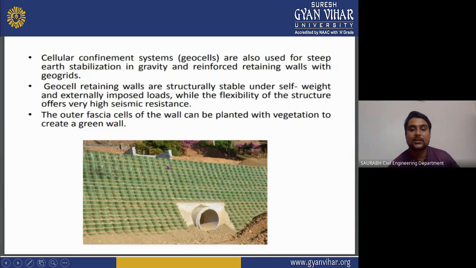As you can see here, there is a green wall. There is also a green wall, and you can also plant some trees and some vegetables which will help the soil against erosion, which will prevent the erosion of the soil due to the rain.